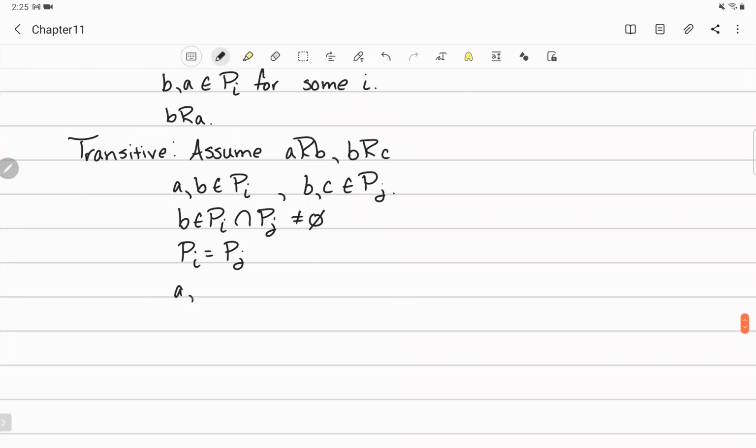So here's where we get A and C are both elements, and now I can use whichever name I want. I'll call it P_i, but P_j, same thing. Okay. So A is related to C. So you can see both properties of partition were important. I can't have reflexive without the union being everything, and I can't get transitive if they're allowed to overlap.